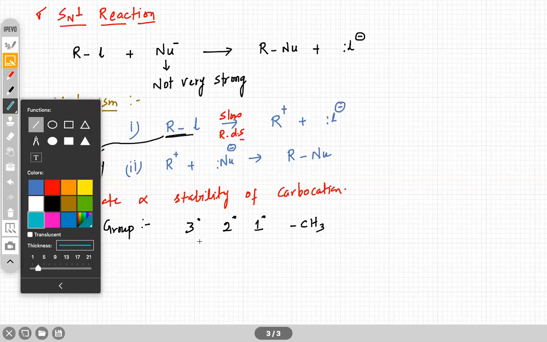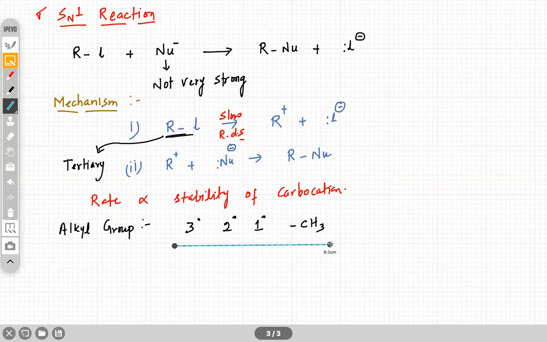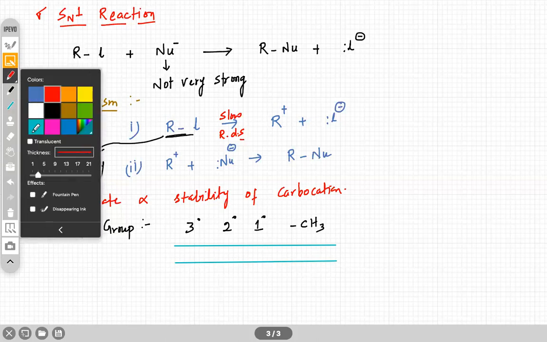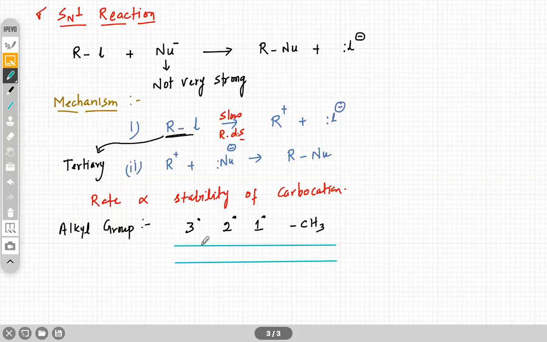In all these cases, if you go from methyl to tertiary, the chance of the SN1 mechanism increases, and from tertiary to methyl the SN2 reaction increases.